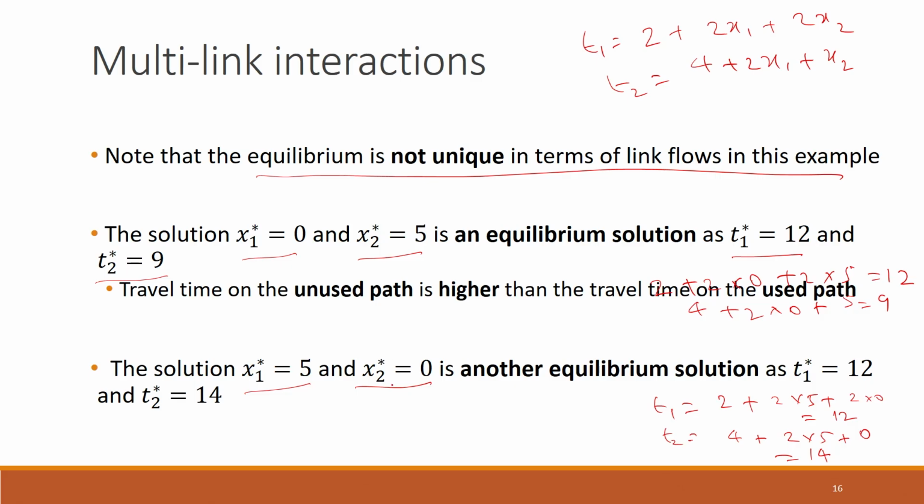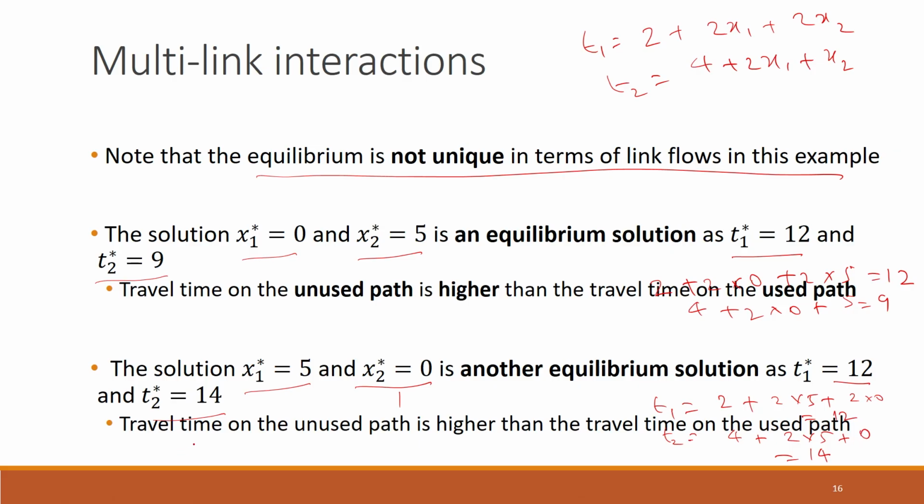Now, here the second link is not getting used at all, but the travel time on this link is equal to 14, and this is greater than the travel time on the used link, which is 12 on the first link.